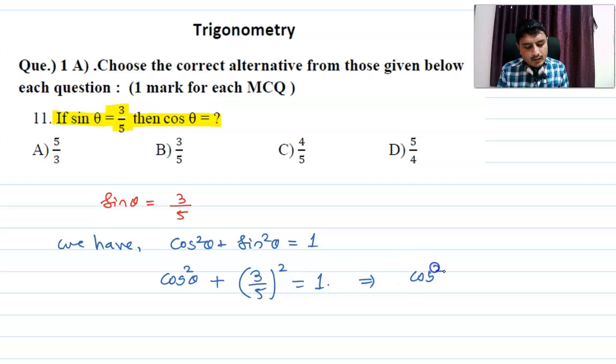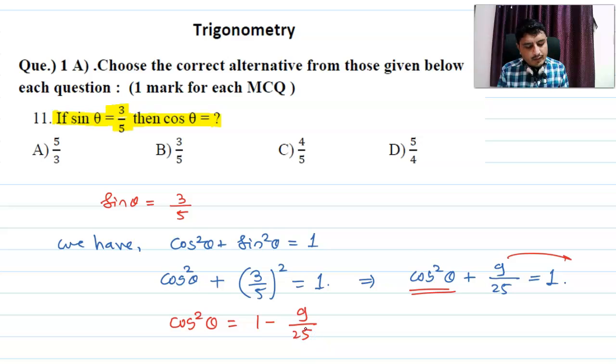3 by 5 the whole square: 3 square is 9, 5 square is 25. To evaluate the value of cos square theta, shift 9 divided by 25 from LHS to RHS.